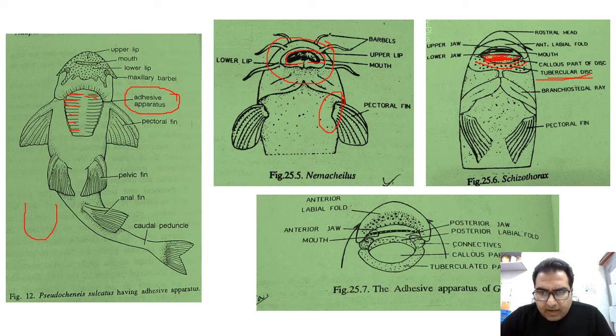In the case of Garra gotyla, the adhesive organ looks like a disc. Here again is the callus part, and this is the tuberculated part. The adhesive organ looks like a disc on the posterior ventral surface, and the tuberculated part is seen just behind the callus part.